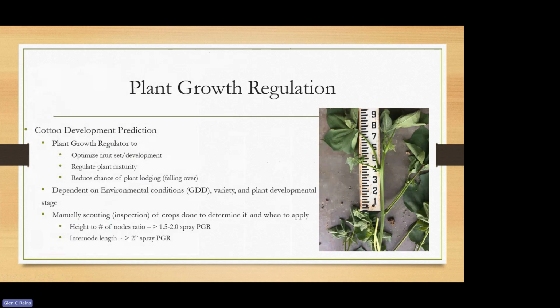So another system that would be very similar is plant growth regulation. Plant growth regulators help to optimize fruit development, regulate plant maturity, and reduce the chance of lodging. So it's kind of like you apply the nutrients to the plant and then you watch it.